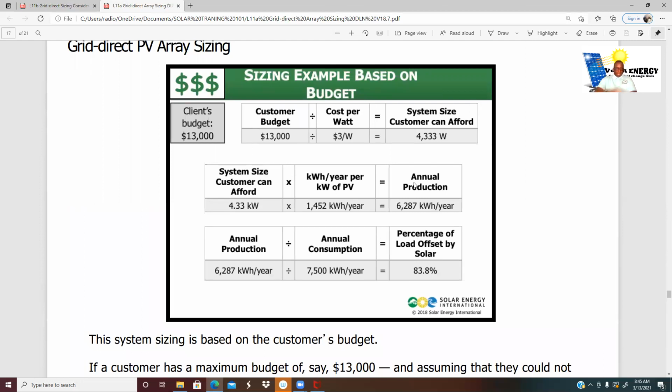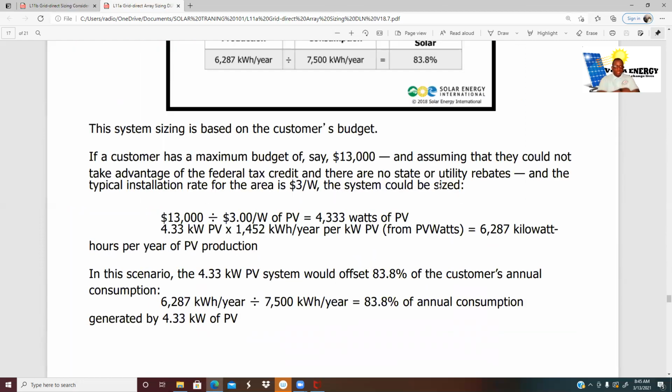Now, I'm going to read a little bit. This system sizing is based on the customer budget. If a customer has a maximum budget of, say, $13,000, and assuming that they could not take advantage of the federal tax credit. In America, they have something called the federal tax credit.